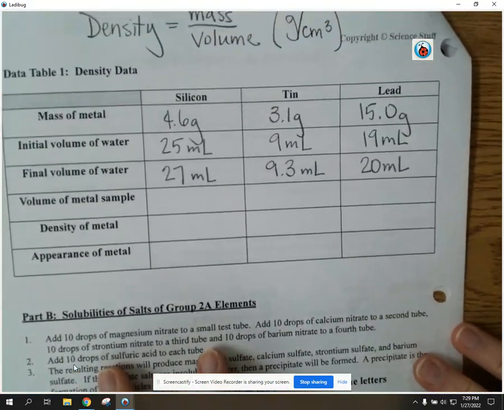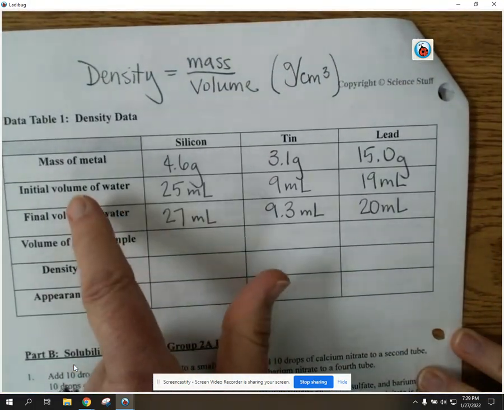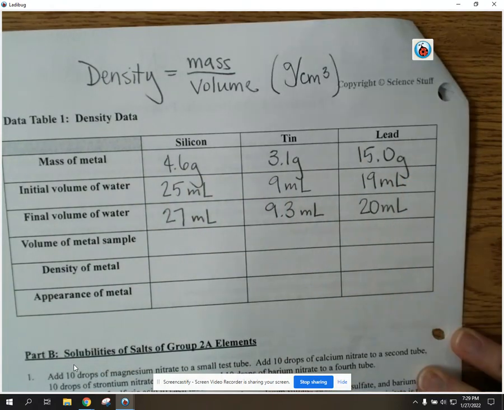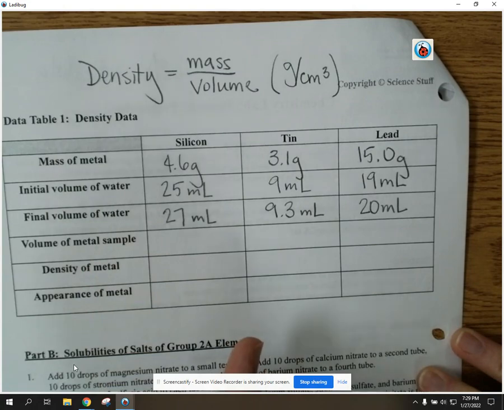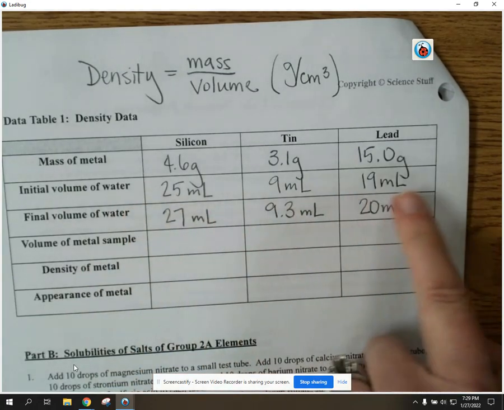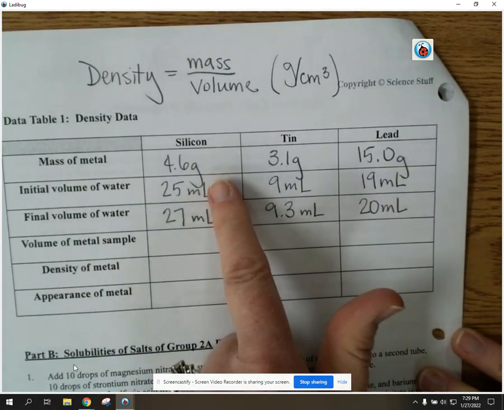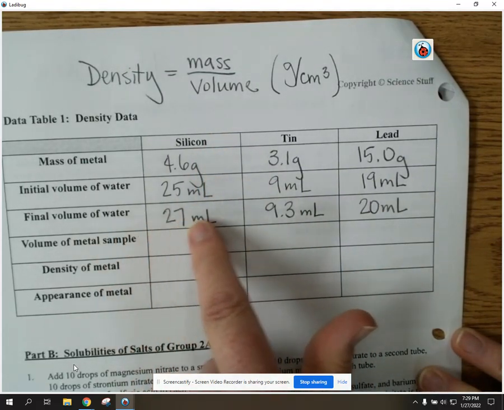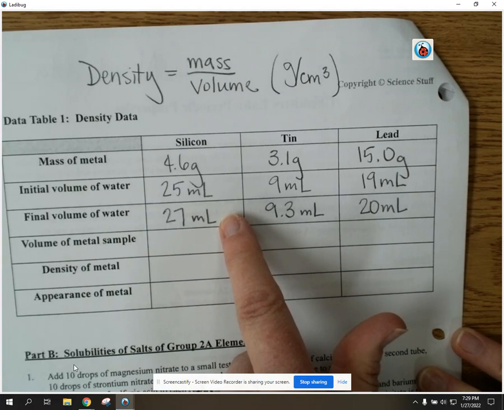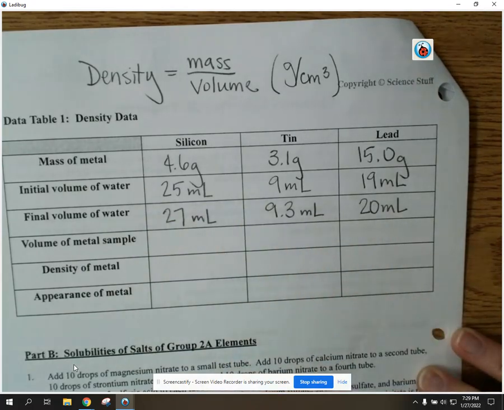Okay, so we took the mass of each of the samples, and then we put some water in a graduated cylinder, and then we dropped the metal into the graduated cylinder, and then we saw the change in volume.